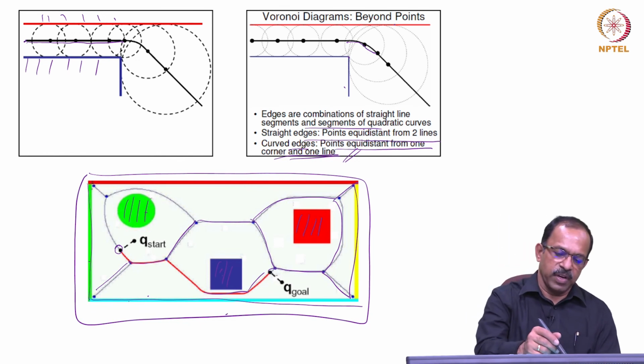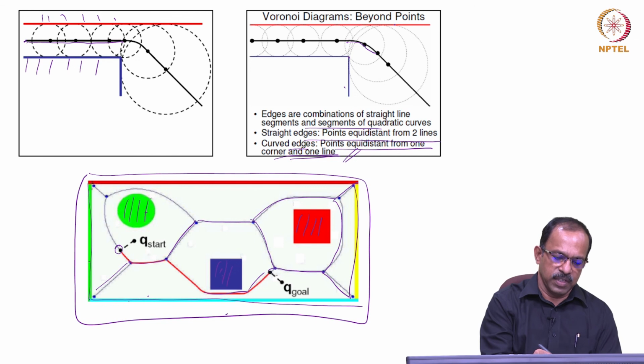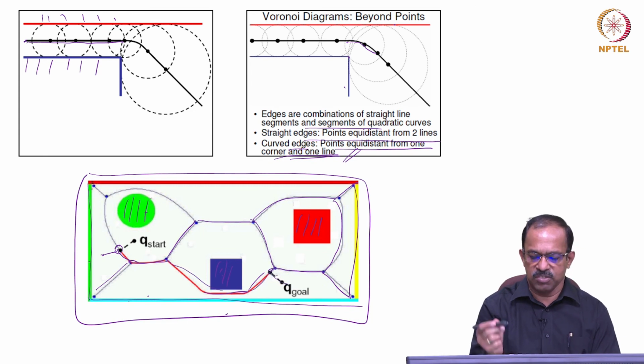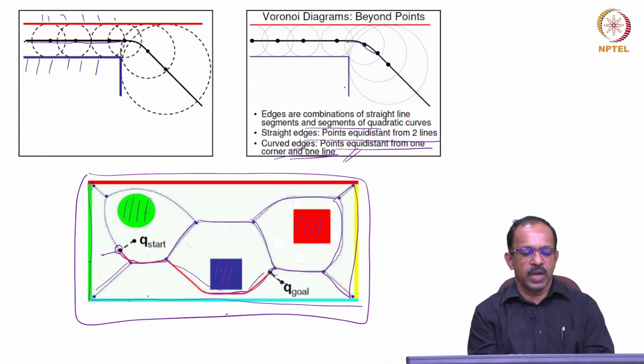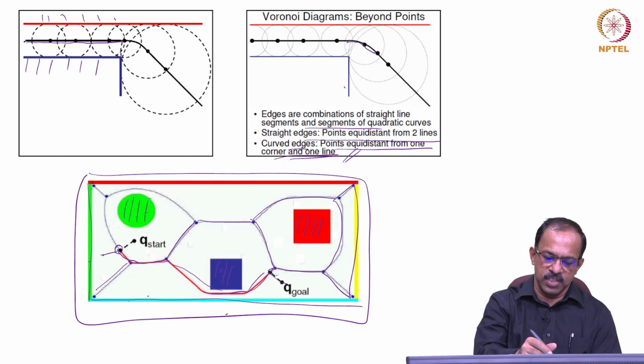Now you can find out all these possible paths. Depending on where the robot is, even if the robot is somewhere here, you can find a path between these two, and it can go straight from here and reach this point, then get into this path and reach the goal. So this is how we can get the possible paths. You will be able to get multiple paths.